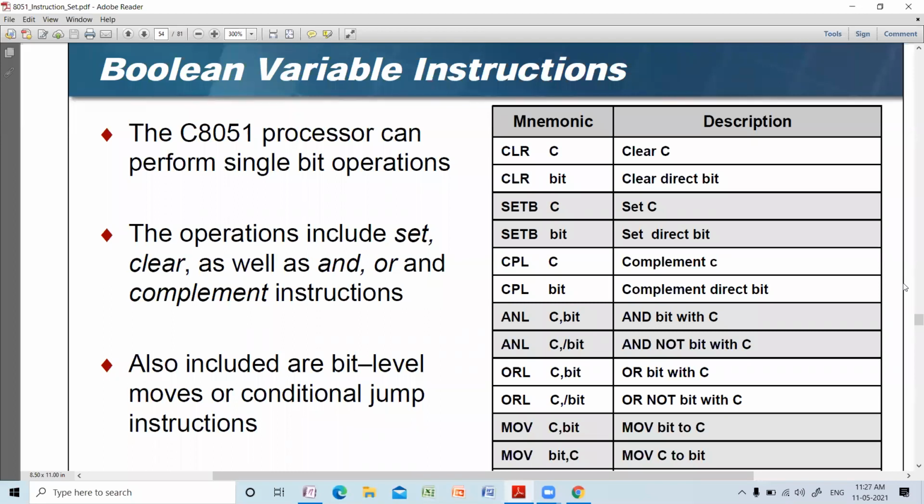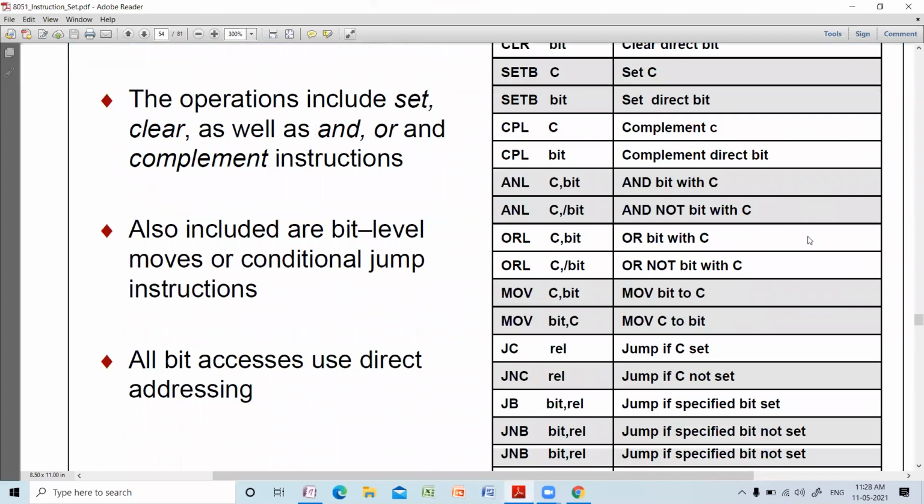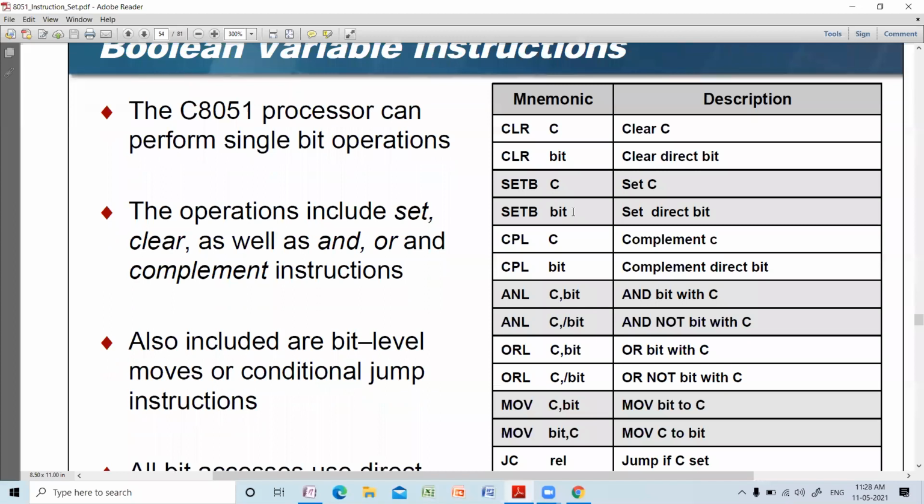You can see various bit manipulation operations: clear, set, complement. You can even do logical operations. These are the bit manipulation operations, which you will see next.